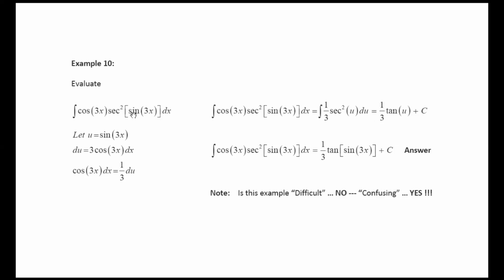And in the place of the sine of 3x, we're going to put u. And now the antiderivative of secant squared. What has a derivative of secant squared? It's tangent. So we get that. So this thing, just restating the problem, must be 1/3 the tangent of sine of 3x plus c.